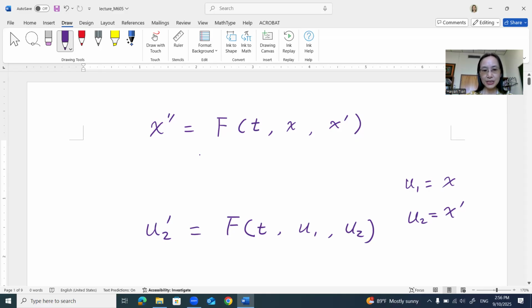But in this equation, what is u2? We know u1, u2 satisfies, actually, u1's derivative is u2. So that's because of this. So u1's derivative is u2.